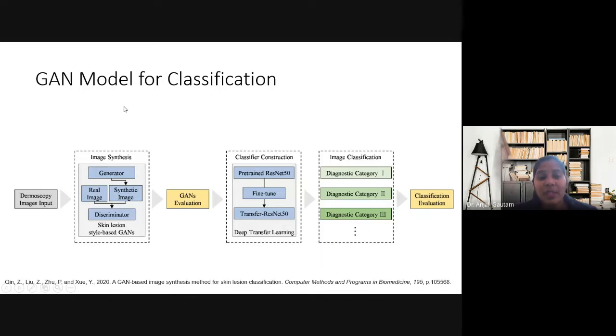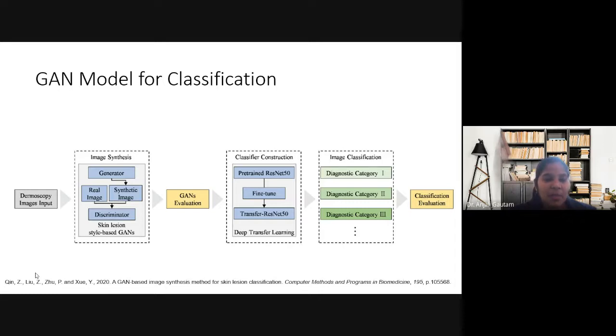So how is GAN being used here? They have taken the dermoscopic images and are using the generator. The generator generates synthetic data from noise, and with the help of the discriminator, it is able to generate images which look like real images.